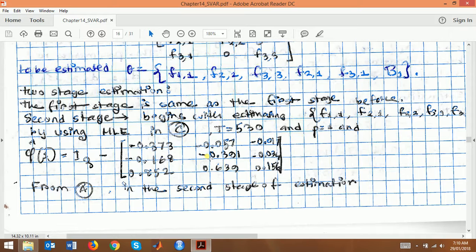Okay, first stage is as before. In the second stage, instead of finding S, we are explaining the relationship of phi 1. First, phi 1 is the identity matrix I3 minus a matrix here, which I'm not sure what it is, some given estimation.